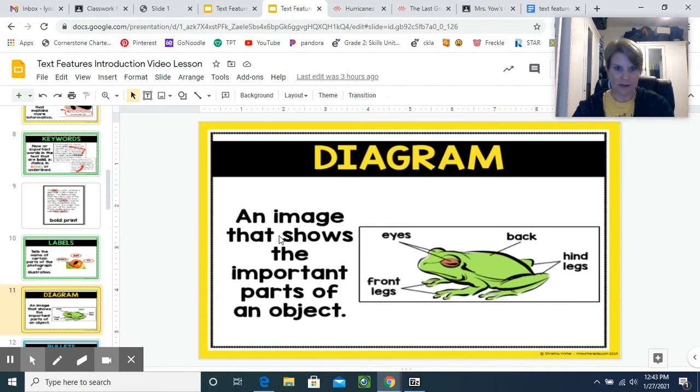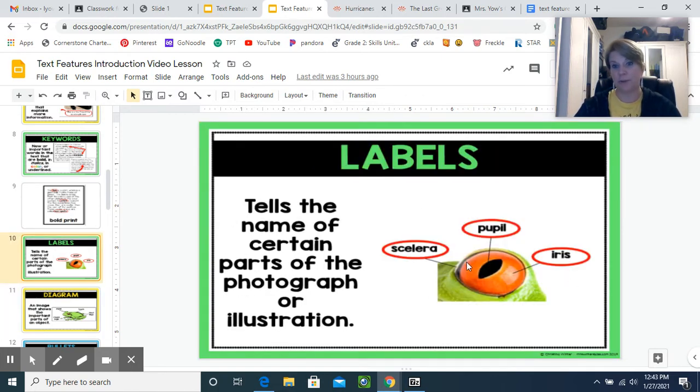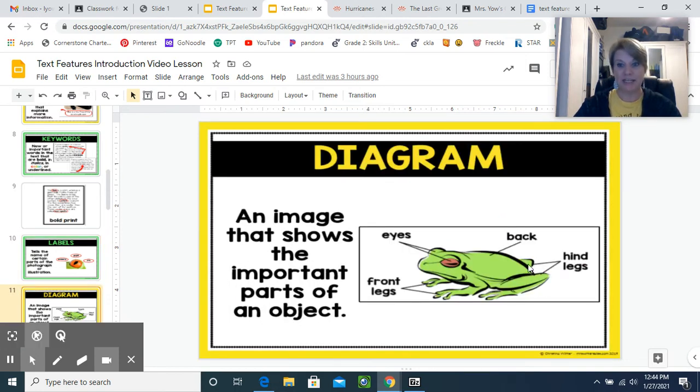A diagram is an image, so it could be a picture, or it could be an illustration, or it could be a photograph, and it shows the important parts of the object. So this label was showing us the parts of the frog's eye, and this was actually a diagram of that frog's eye, but this diagram is actually the parts of the frog.